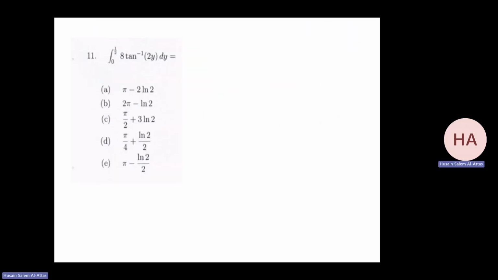Next, 8 tan inverse of 2y. So this is A, and this is I, the tan inverse. So for sure, I would let u be tan inverse of 2y, and dv will be 8 dy.